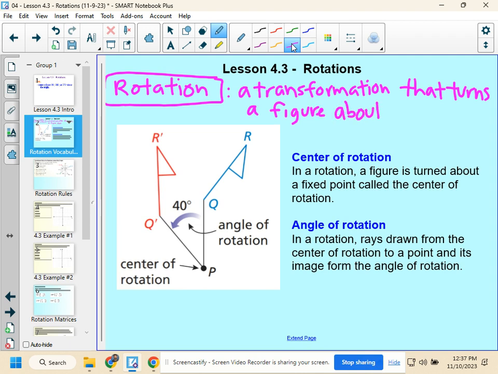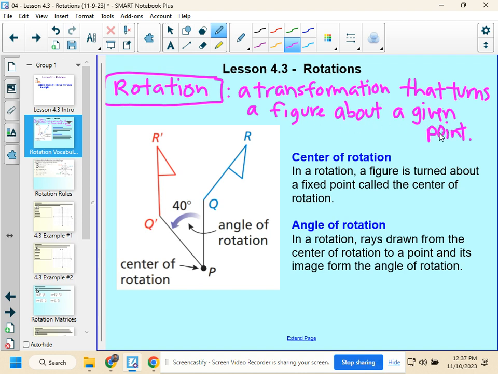It kind of just means around. Turns a figure about a given point. Again, just trying to stay consistent with the notes we've been doing. That's how we would have done it in class. The rotation is a transformation that turns a figure about a given point.